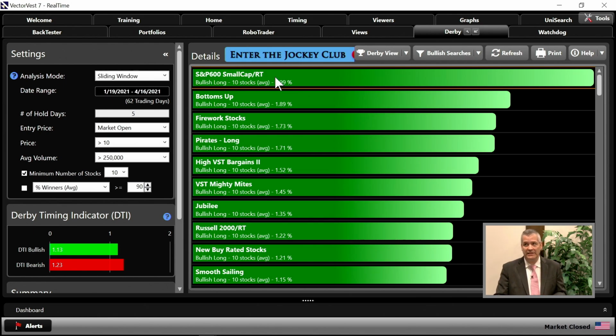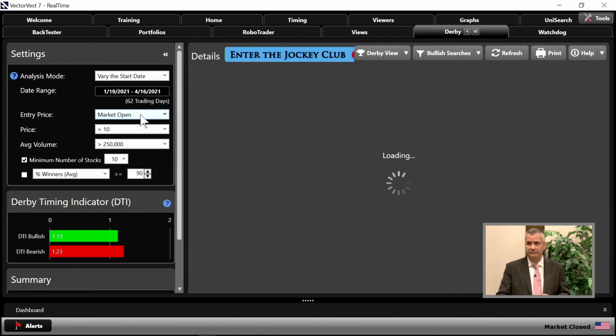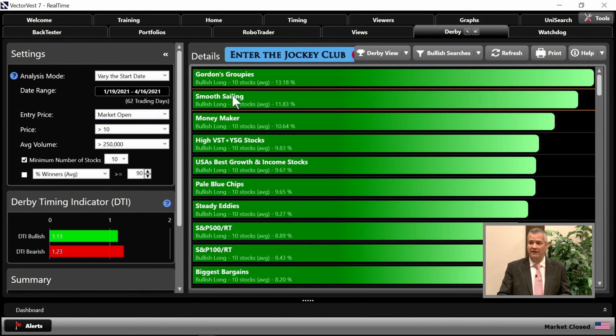Here right now, it's still in number 1 position on the sliding window, which is the acid test. If I go back to the start date, I think it's fallen down this list at this point, okay? But it's still the very best one over the short term. And when we picked it, they were both running in the top 5 of both tests.